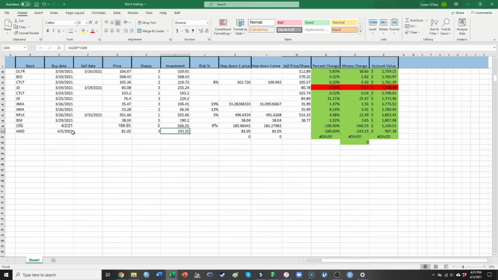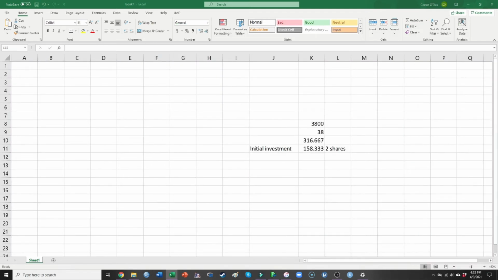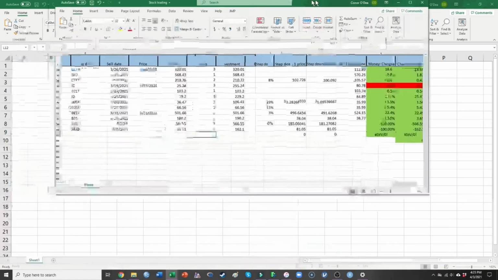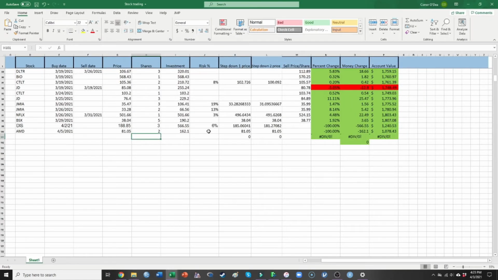I'm going to buy 2 shares was what we decided on. So that's going to be a $162 investment, which is very close to my initial investment target of 158. And again, I'm just rounding here to the nearest whole number.